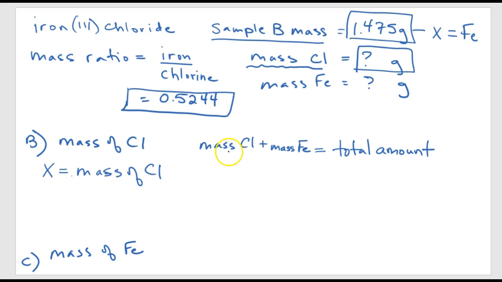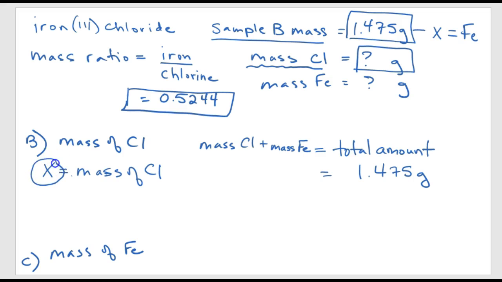So when we add up the mass of our chlorine, which right now we don't know, and the mass of our iron, which we don't know, we will get the total amount, which is 1.475 grams. So I hope that you can see that that makes sense using English and a little bit of math. So add the mass of the chlorine with the mass of the iron and you get the total amount, which is 1.475 grams.